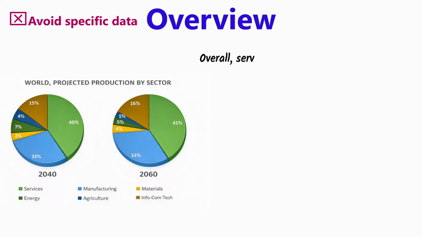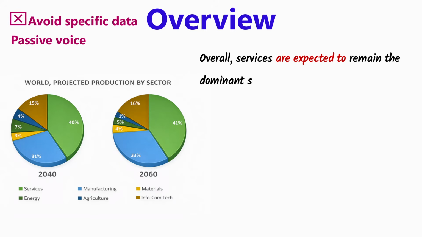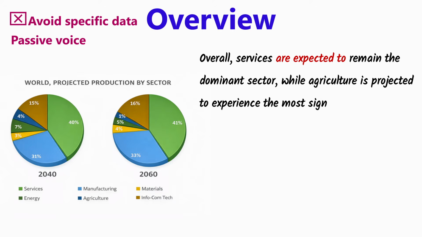Overall, services, so we can start by writing about services, are expected to. This is a very important phrase because we write about projections or predictions. So we can write in the passive voice. Are expected to remain the dominant sector, while agriculture is projected to experience the most significant decline.